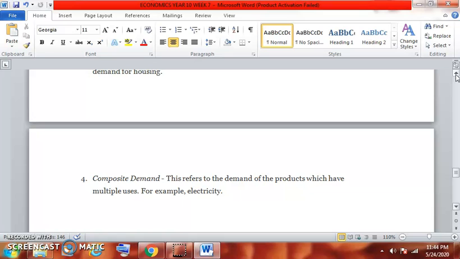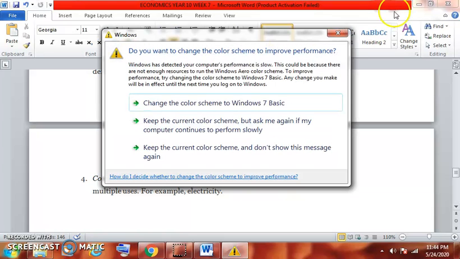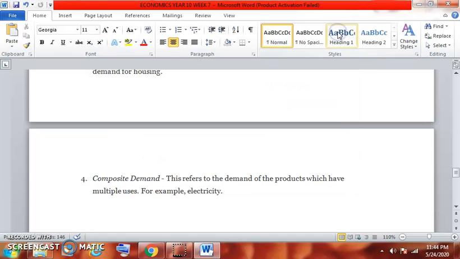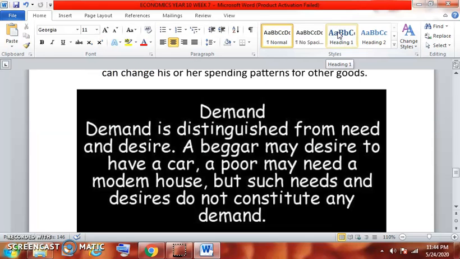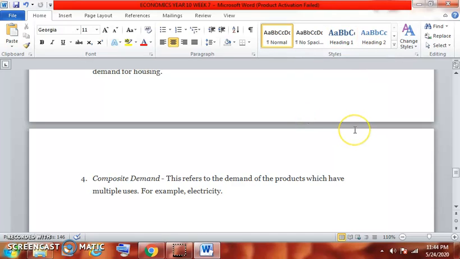When you demand for wood, wood can be used for several purposes. When you go to the forest to cut wood, you can use it for furniture purposes. You can use it for construction. You can use it to make firewood. Wood is an example of a composite demand.